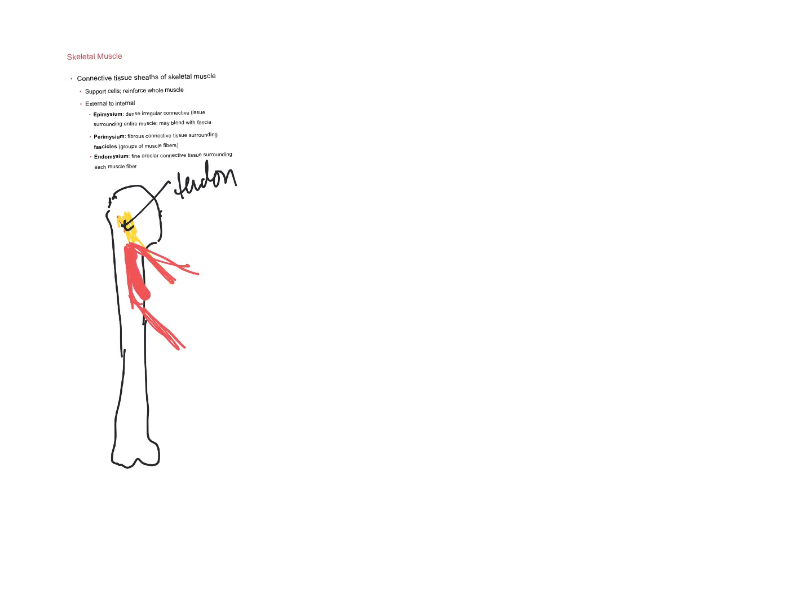So here's the muscle, and on the outside of the muscle, say this is the whole muscle itself. That outside layer of connective tissue is going to be called the epimysium.